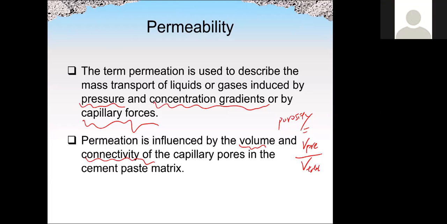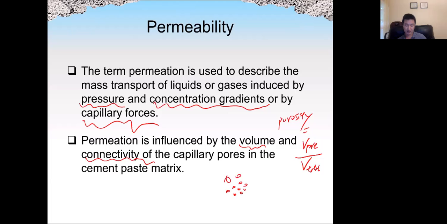The other thing is the connectivity of the capillary pores. That's basically how well the pores are interconnected to each other. That is also important. One example is, remember we talked about aerated concrete, which has a lot of isolated pores made by hydrogen gas.